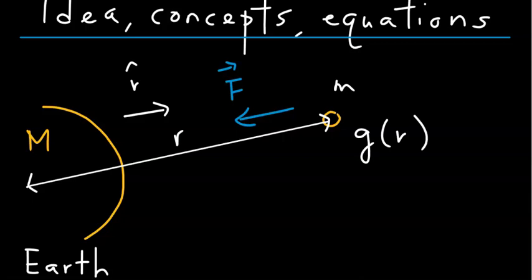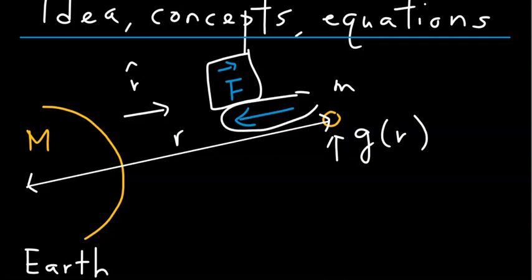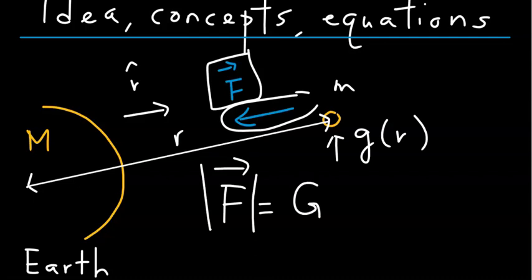We know that because the gravitational force F from the Earth on this mass m that pulls this mass towards the center of the Earth is also a function of r, and we have seen that the magnitude of that force is given by the gravitational constant times the product of the two masses over the distance between them squared.